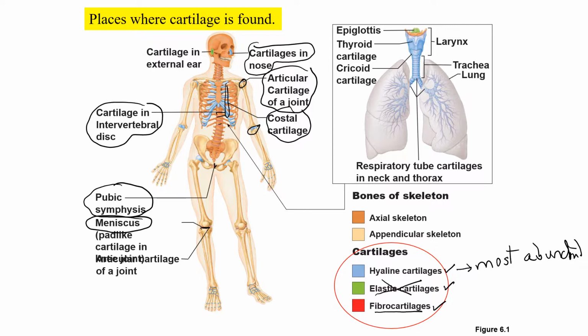And finally, the cartilage associated with the respiratory system, which is not part of the skeletal system, is also hyaline cartilage. So the hyaline cartilage structures associated with bone will be articular cartilage, costal cartilage, and nasal cartilage.